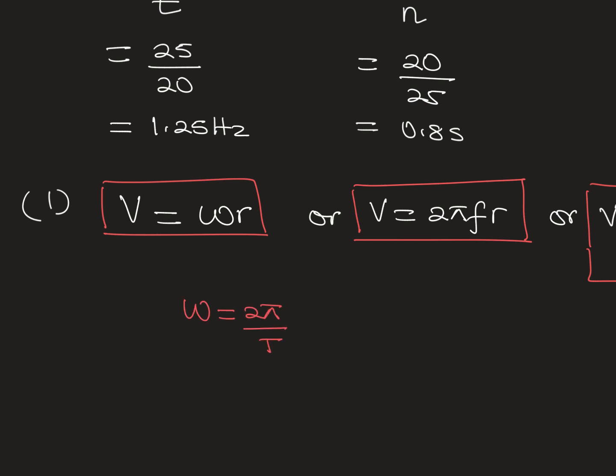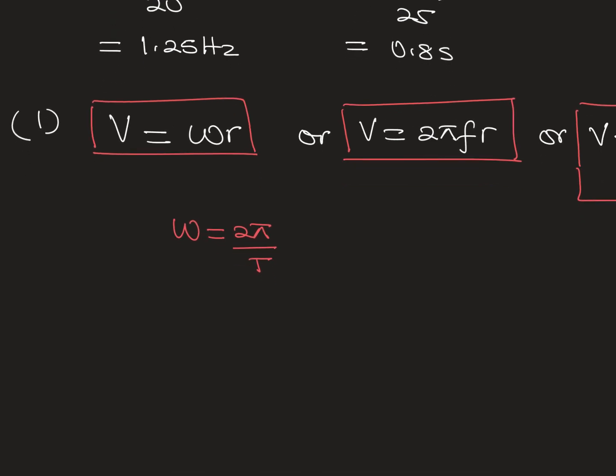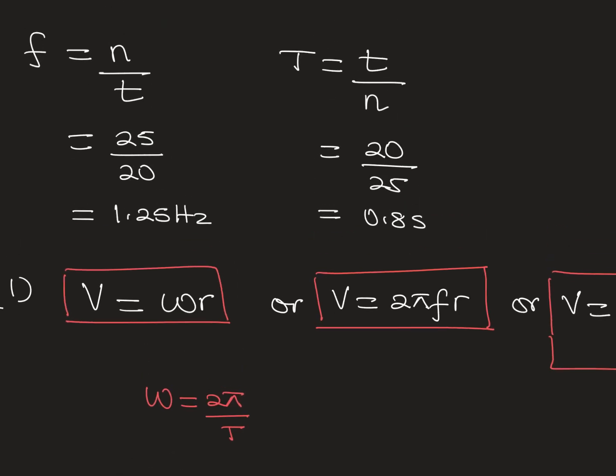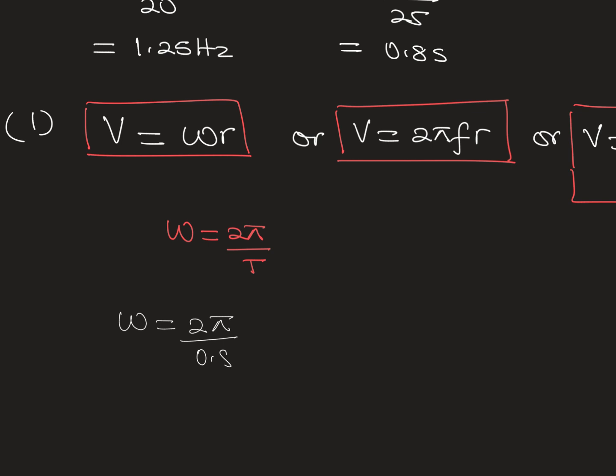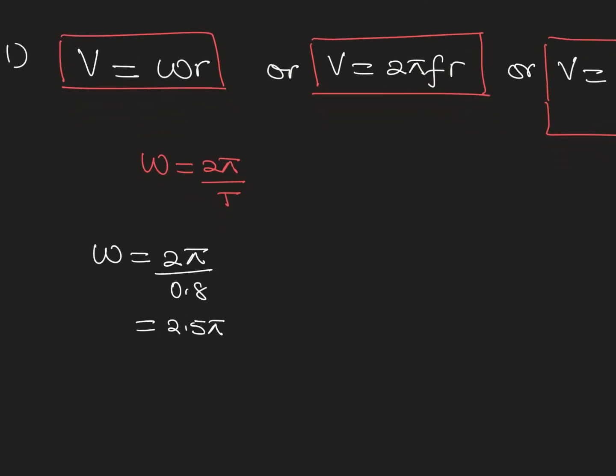So angular velocity equals 2 pi divided by 0.8 seconds. 2 divided by 0.8 is 2.5 pi radians per second.